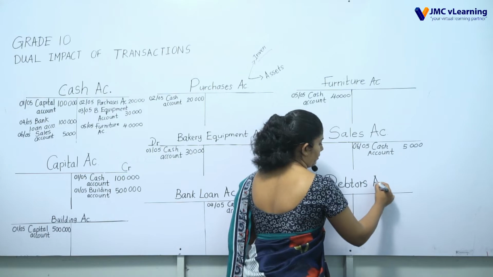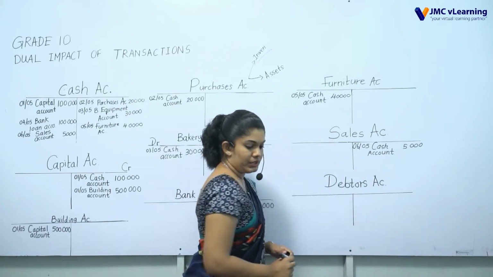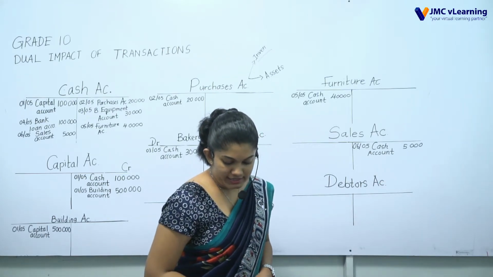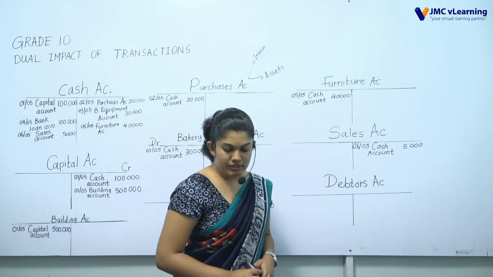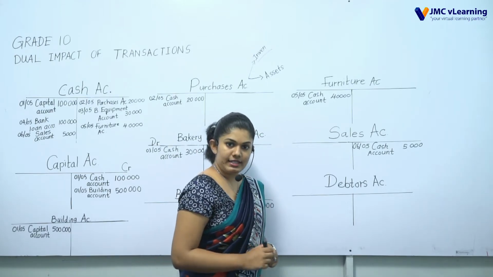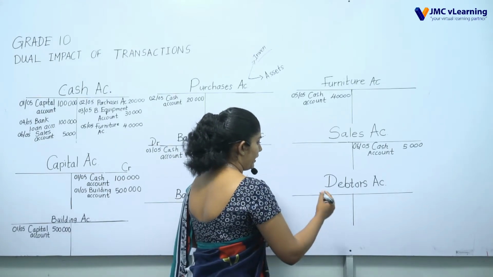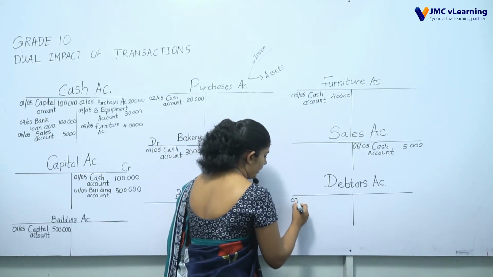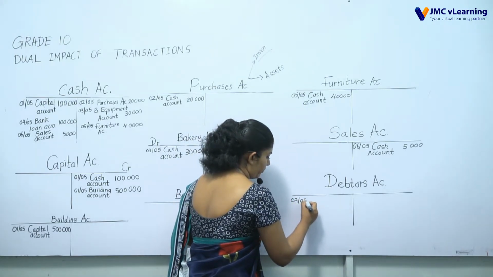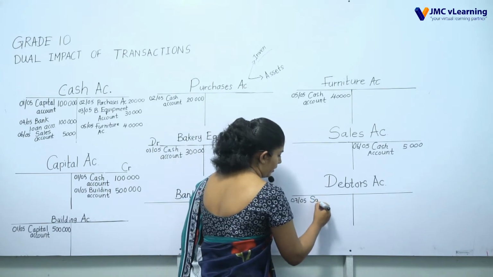Debtors account. So, we have sales 10,000. Debtor, which is an asset, on 7th of May, sales account.